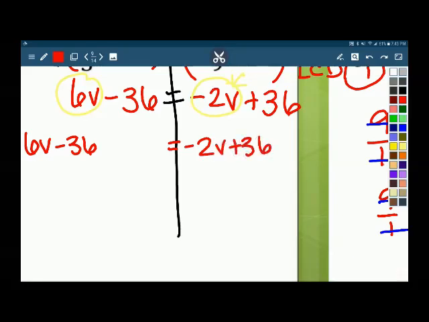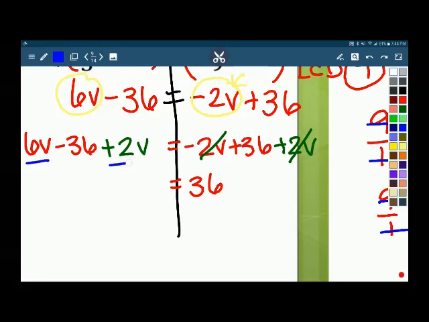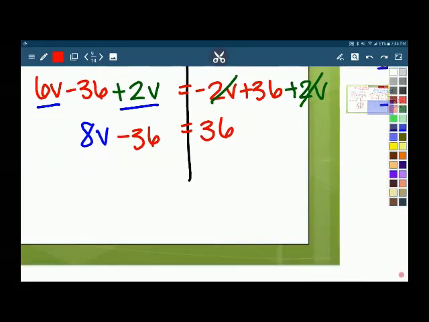And since it starts as a negative 2, I'm going to add 2v to each side. So that will move this 2v because they cancel. Negative 2v plus 2v is 0. And then you're left with 36 on the right side. Combine your like terms together, 6v and 2v, that's 8 total v. And then minus 36.